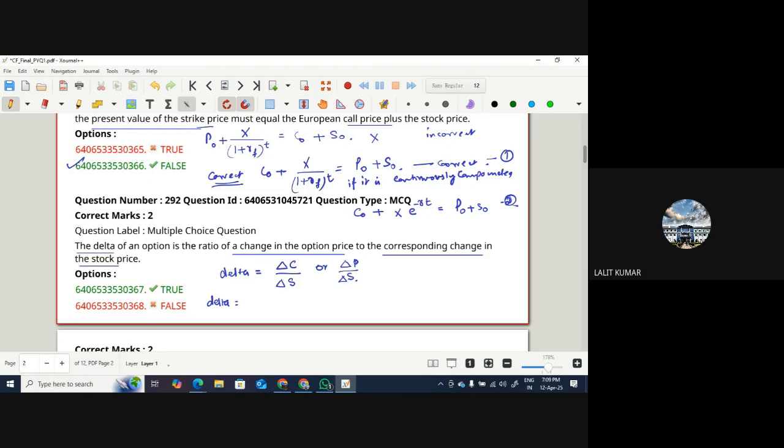So this delta is very similar to the hedge ratio. The hedge ratio delta is CU minus CD over SU minus SD. I've given this again so that you can remember it if you forget what delta is. Just replace these values with your change in option price.